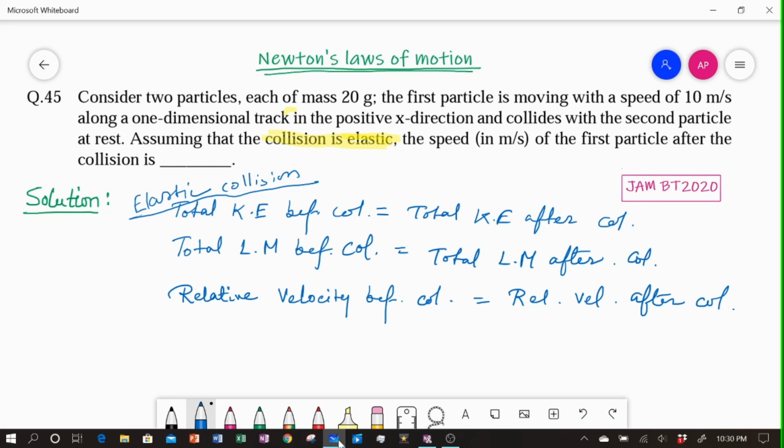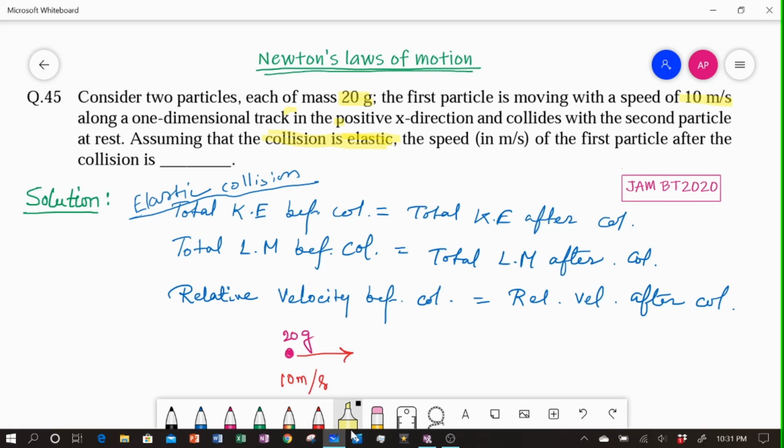Okay, so let's just draw what is happening. So here is a mass 20 gram which has a speed 10 meter per second. The first particle has mass 20 gram and it has speed 10 meter per second. It is going this way. Why this way?